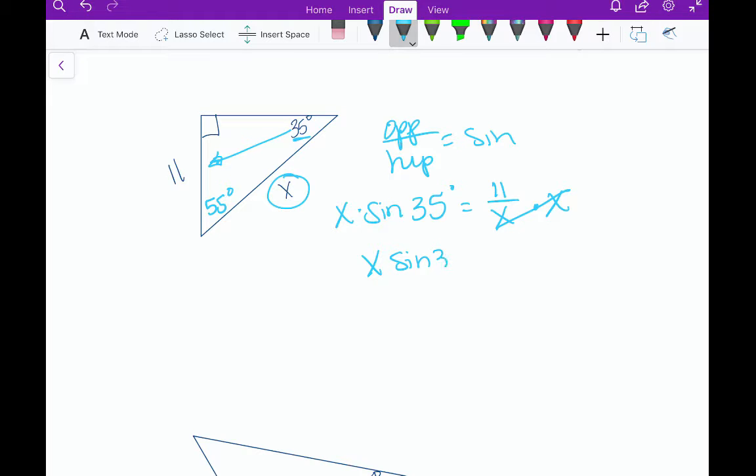X times the sine of 35 equals 11. I'm going to divide by the sine of 35 on both sides. Remember, the sine of 35 represents a value. So x equals whatever 11 divided by sine 35 is. This comes out to be about 19.18. That's about how long the hypotenuse of that triangle is.